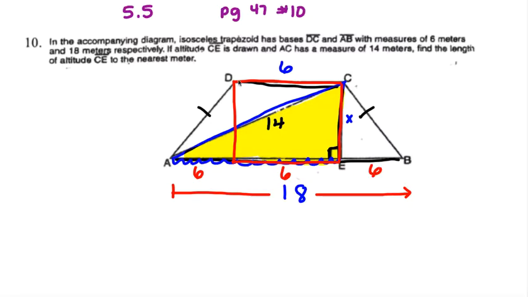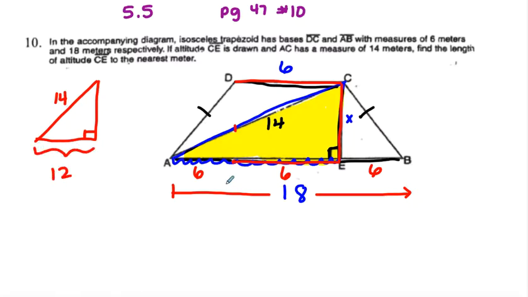So now, let me erase this part so it's not in our way anymore. Now I have a right triangle with a hypotenuse of 14, a base of 12, because I've got 6 and 6, and the height of x.